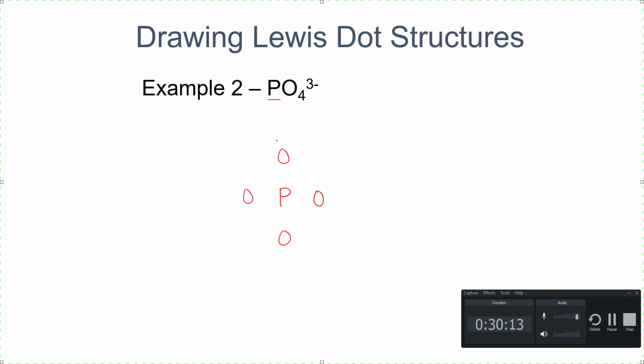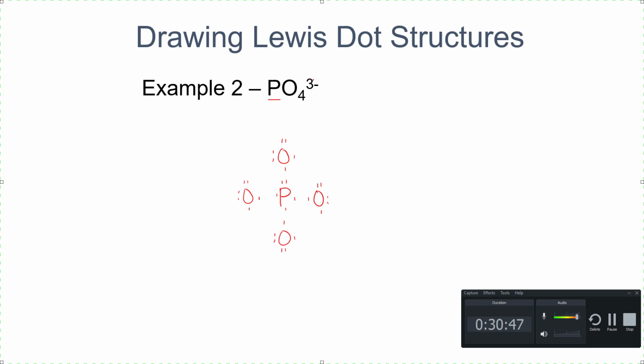Oxygen will have 6 valence electrons, so I'm going to write this as 2, 4, 5, 6, four times. And phosphorus is right under nitrogen on the periodic table, so it has 5. So I'm going to say 1, 2, 3, 4, and 5.